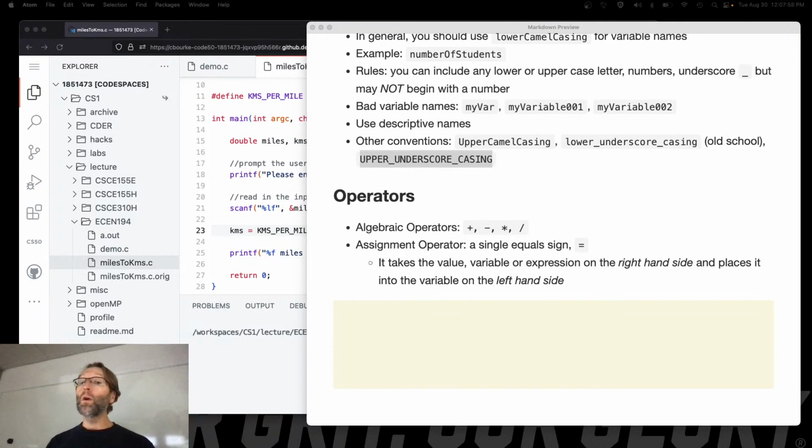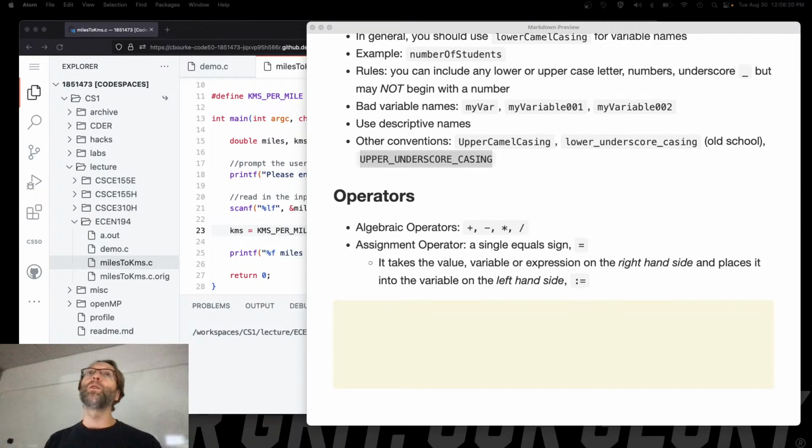For better or worse, they chose to use the single assignment operator 40, 50 years ago. I don't even think it was from C. I think it was from other languages. Other languages don't use it. I think maybe Fortran or definitely Maple uses something like this, because they want to use something completely different.